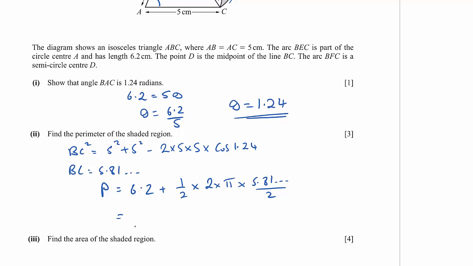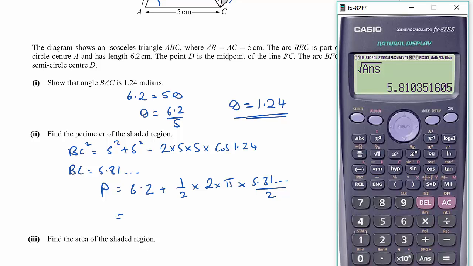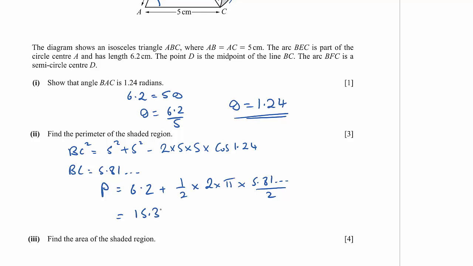So we've got 6.2 plus, well, the half of 2 is just 1. So we're going to have pi times my last answer divided by 2. And that's 15.33, and that would be in centimetres.